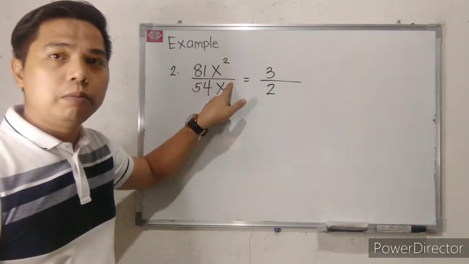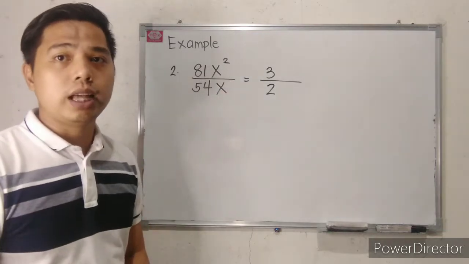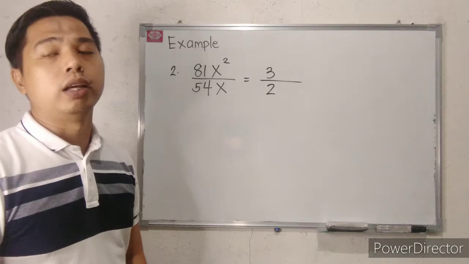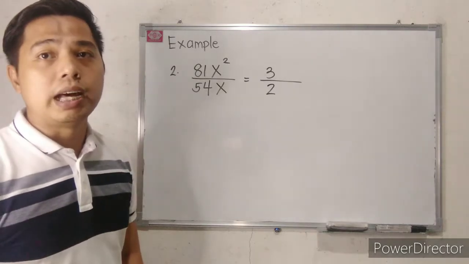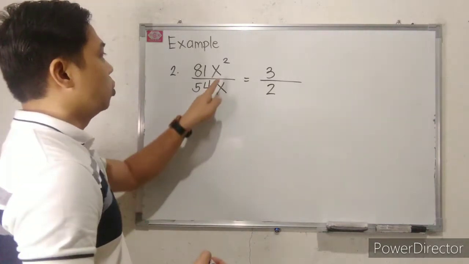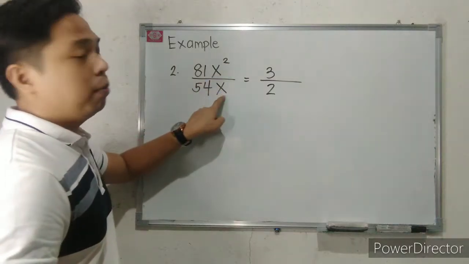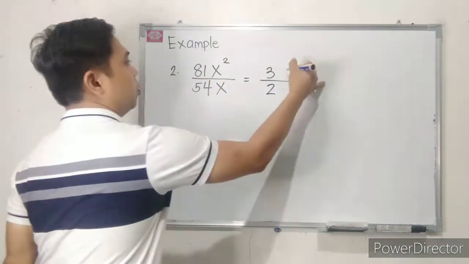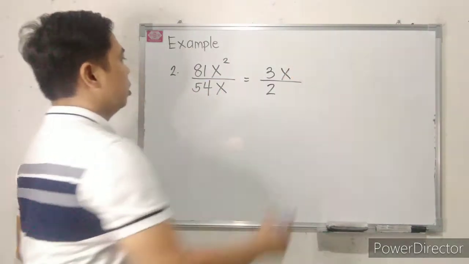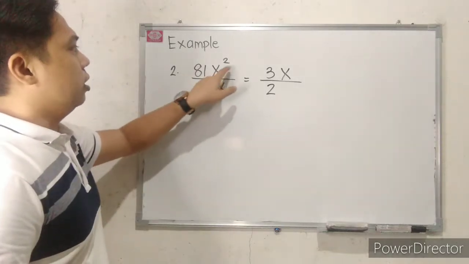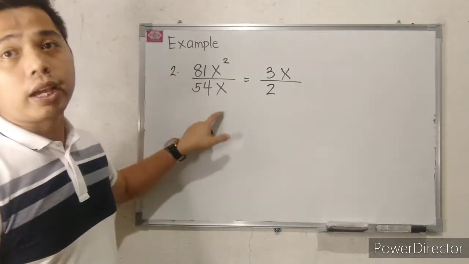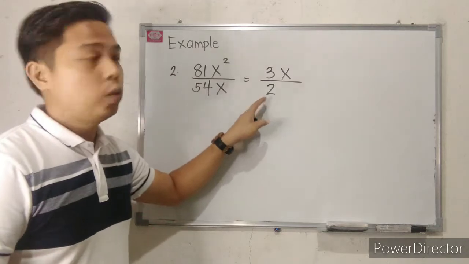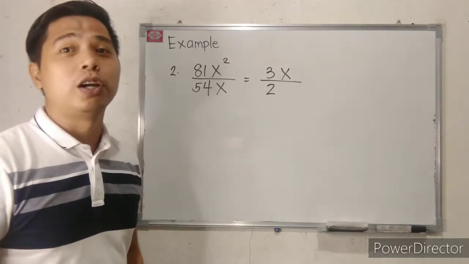And class, when the exponent is just 1, we don't write the 1. So, we just write the variable. So, x squared divided by x is equal to x. Therefore, class, 81x squared over 54x is equal to 3x over 2.